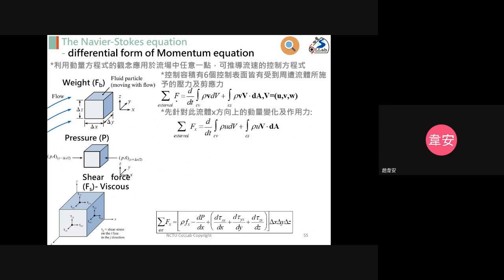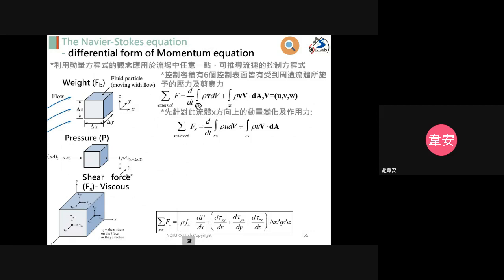Initially, we consider the momentum equation: the left-hand side is the sum of the external force, and the right-hand side is the momentum change with time in the control volume, plus the momentum flow around the control surface.